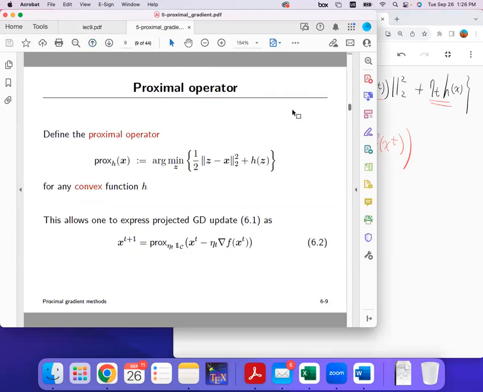We can see this by following the definition. If H is an indicator function, we can basically put it back into a constraint. So we are looking for a z that has the closest distance to x, while z is restricted within C. This is exactly the definition of the projection operator.